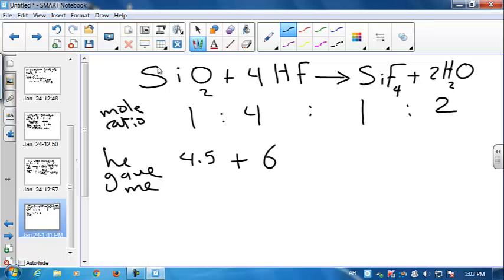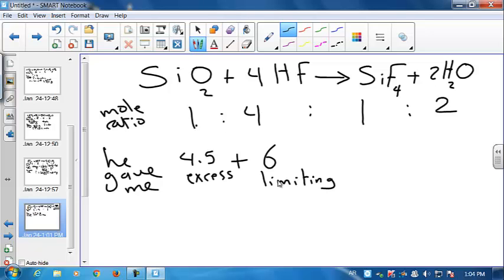If I have 1 mole of silicon dioxide, this needs 4 moles of hydrogen fluoride. So if I use 4.5 of silicon dioxide, multiply by 4, means 18 moles of hydrogen fluoride. Actually, he didn't give me 18, he gave me only 6. So this means that hydrogen fluoride is the limiting reagent and the silicon dioxide is the excess.